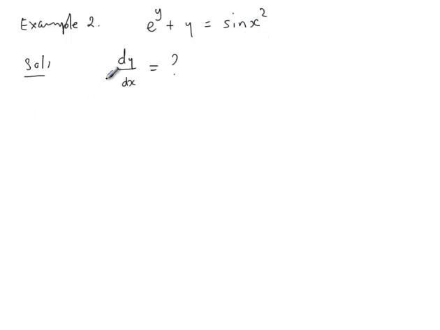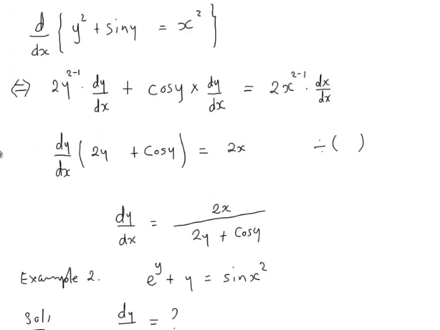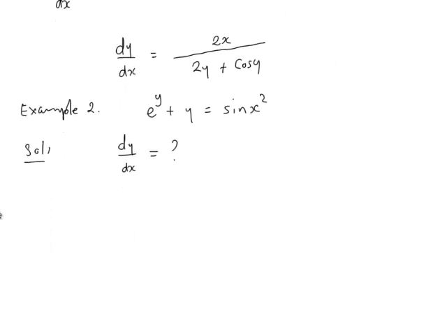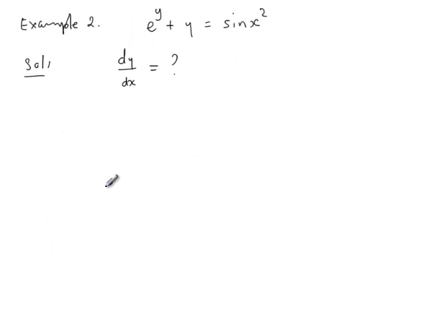I'm now not going to write that d dx like the way I wrote it there. I'm just going to differentiate each and every term one by one. So differentiating here, we know the exponential function, we established that whenever you differentiate an exponential function, it comes back exactly as it is.